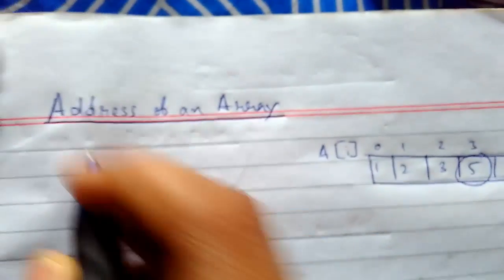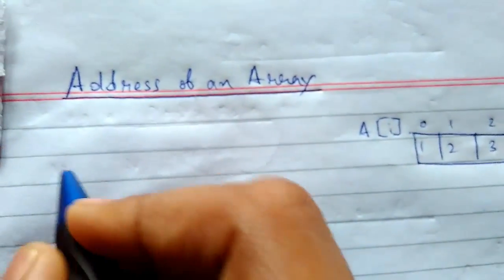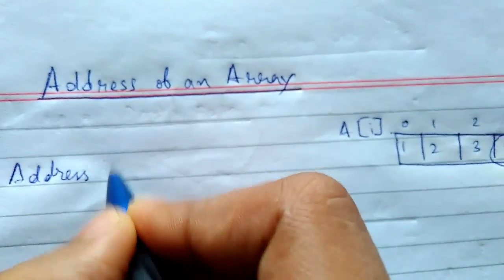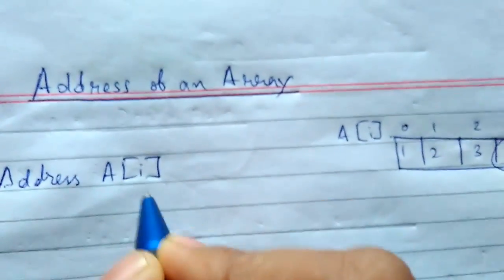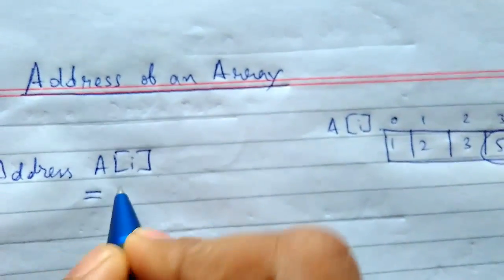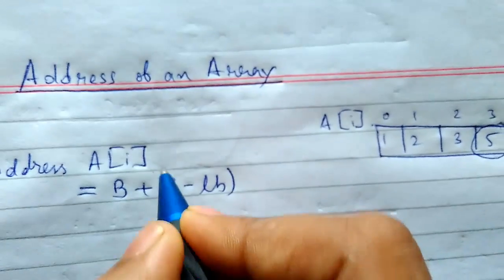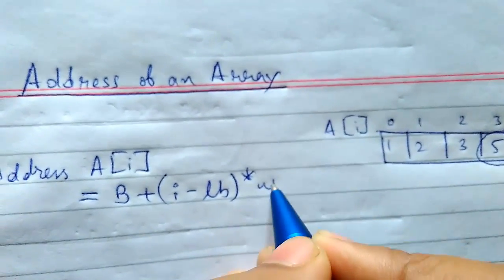To do that, there is a formula that says the address A[I] of an array is given by b plus (I minus lb) times w.